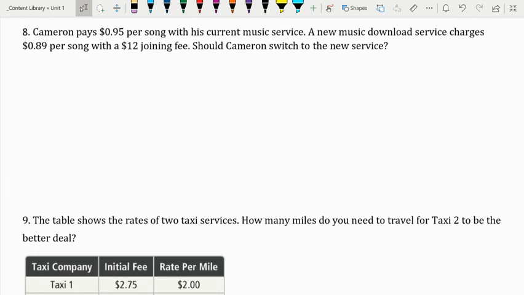So first thing we're going to do is put an equation together. The first one is 95 cents per song. The second one is 89 cents with $12 start. So I would subtract 89 cents and get 0.06x equals 12, and divide by 0.06 to get 200.